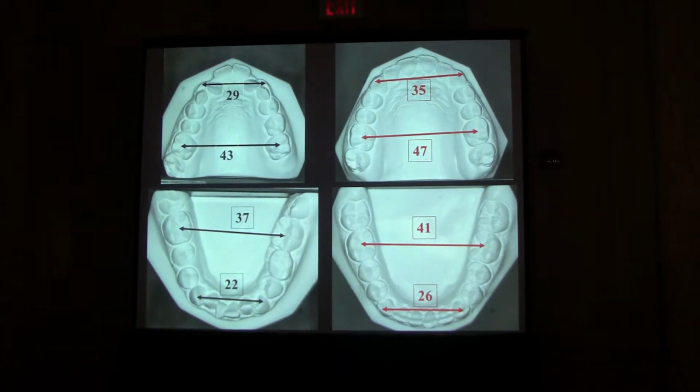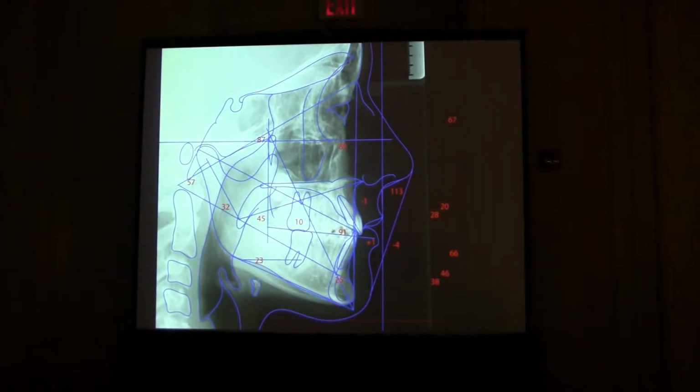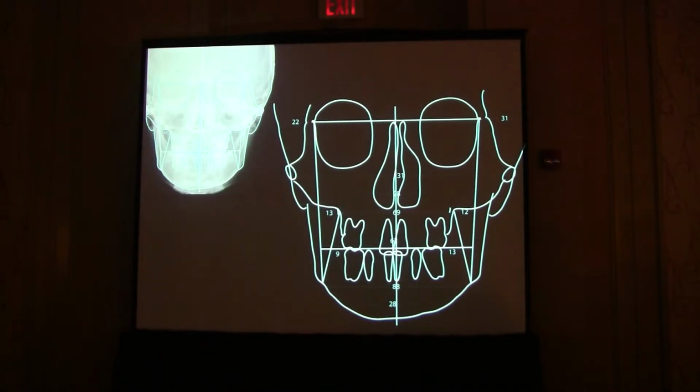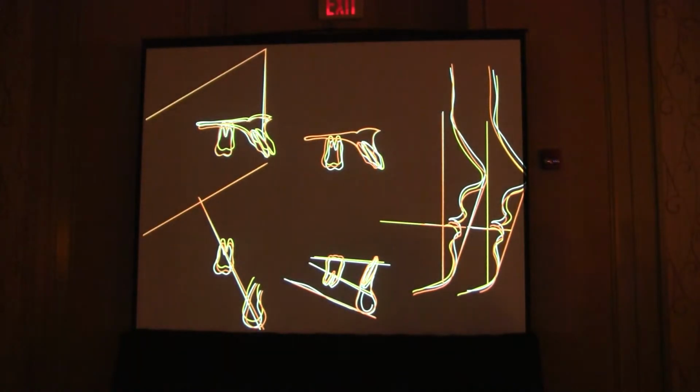Here are the transverse modifications on the maxilla and on the mandible. Here is the lateral cephalometric tracing at the end of the treatment, and the frontal tracing. Here are the superimpositions at the beginning, the VTO, and at the end of the treatment.